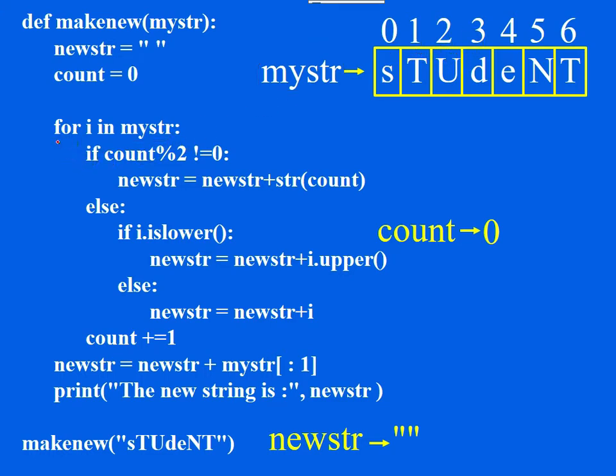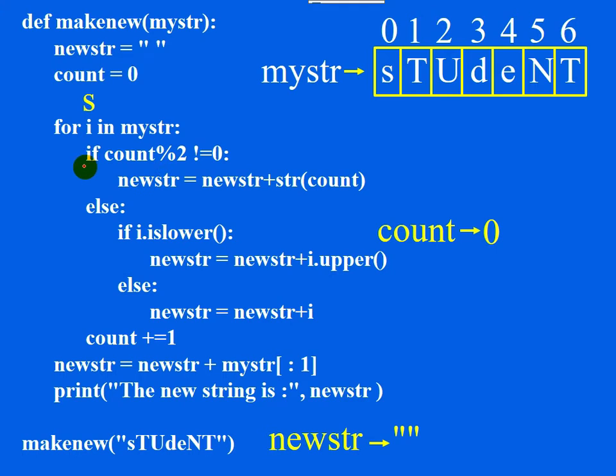So what's the meaning of for I in mystr? Variable I contains each and every character present in this string variable. So the first character small s comes in variable I. Let me note down here.